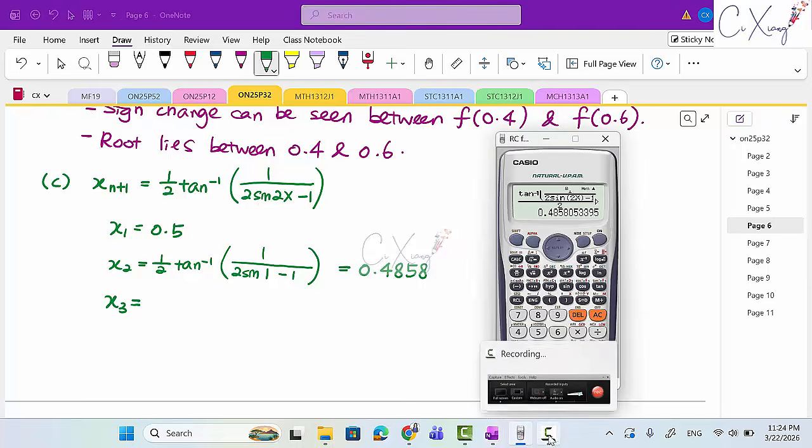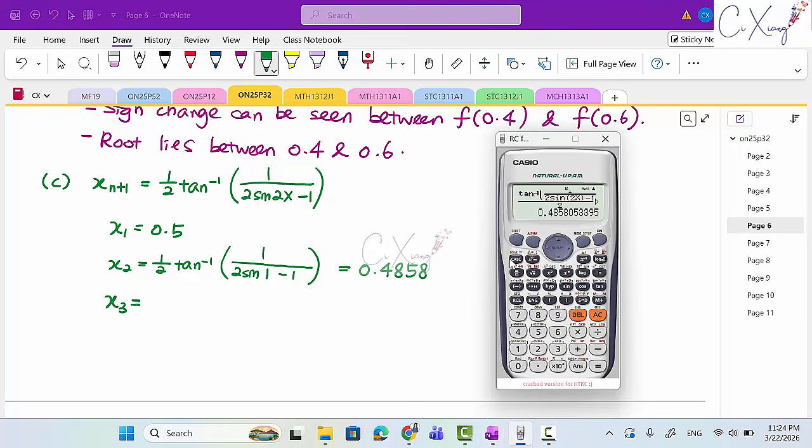Okay, so for calculator, it's very convenient where you can directly press calculate again. Then you key in the 4 decimal answer, which is 0.4858, then press equal sign. Then the second iteration for the value that you get is 0.4967, correct to 4 decimal places.